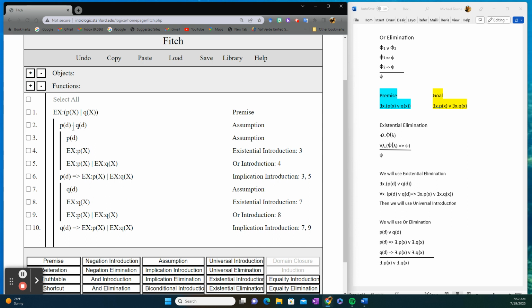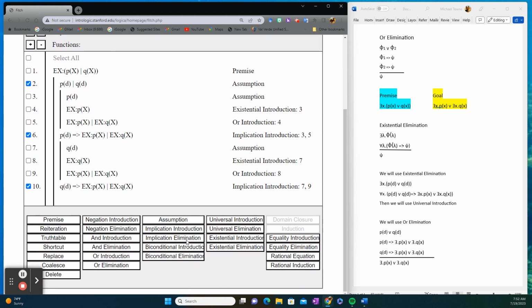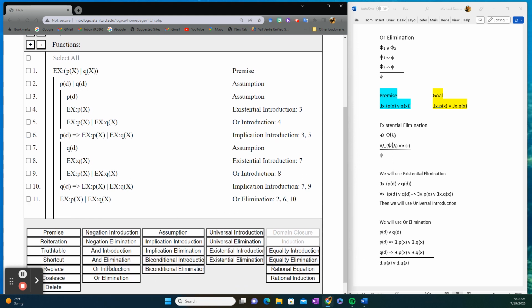So now that I have that, I have 1, 2, 3. That's these three sentences here that I can use OR elimination on. And that gives me EX, PX, or EX, QX.